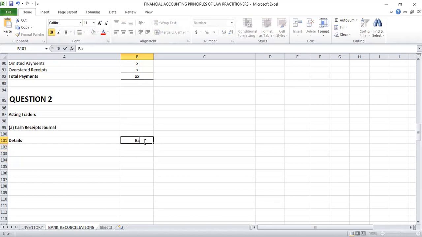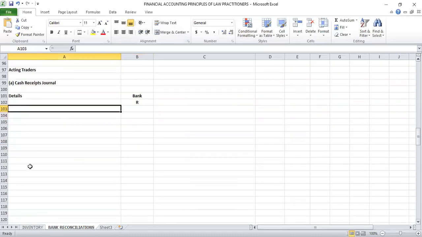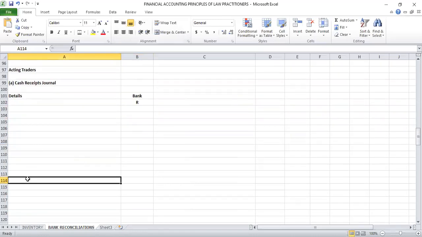Then we've got our bank. Then I want to do them at the same time with the cash payments, so it's still under A, sorry.